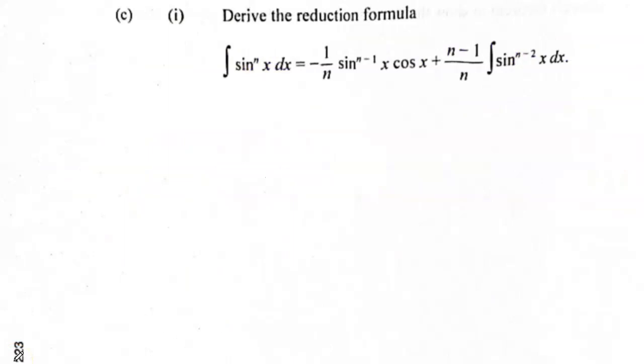Part C, derive the reduction formula: the integral of sine x to the power of n dx is equal to all of that here. So again, this seems to be a little bit of integration by parts mixed in.